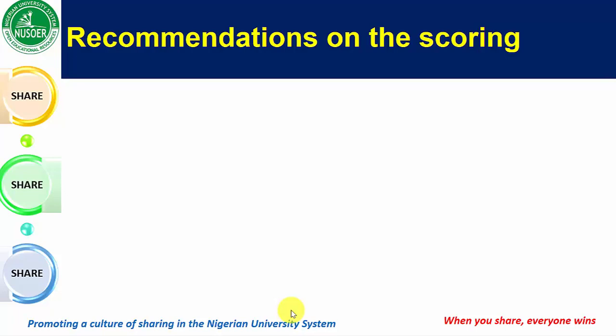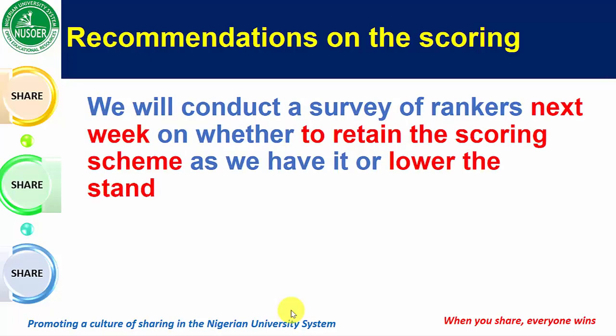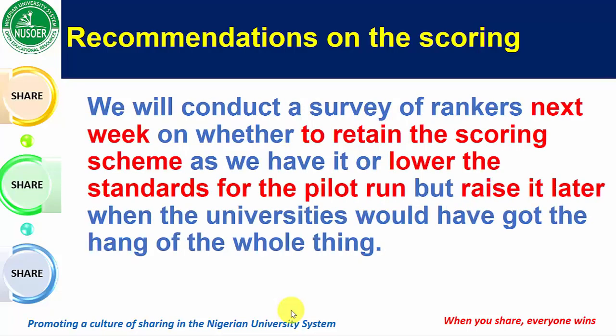Now, we have used the scoring scheme, and we're going to be proposing some recommendations on the scoring. Next week, we'll conduct a survey of all of you, the rankers, to find out whether we should retain the scoring scheme as we have it now. On a personal note, don't let that bias you, I think they are too steep, too high for a start.